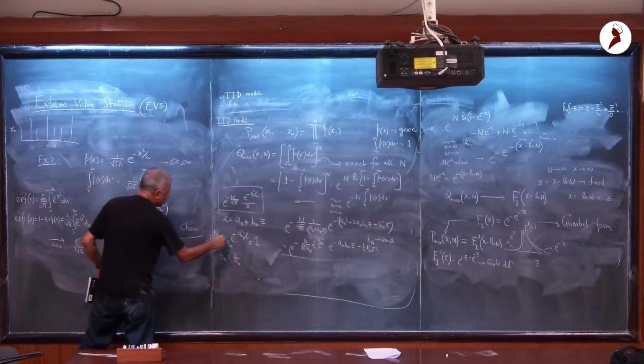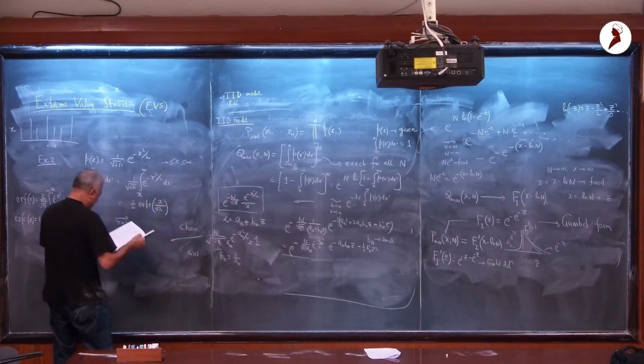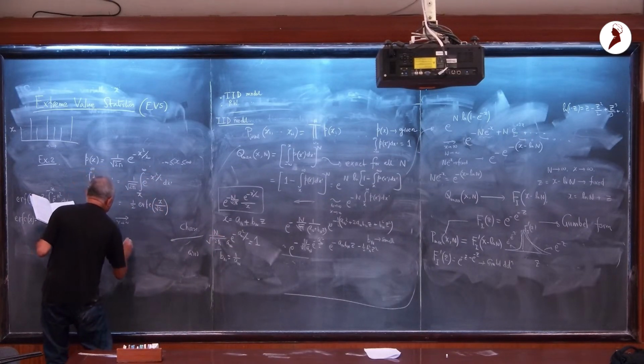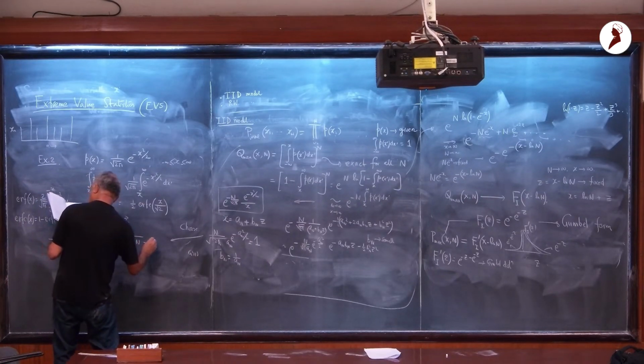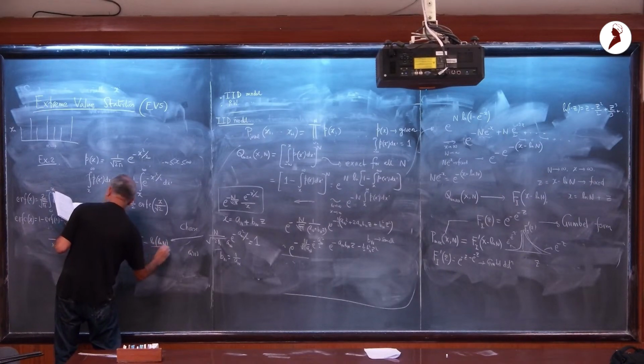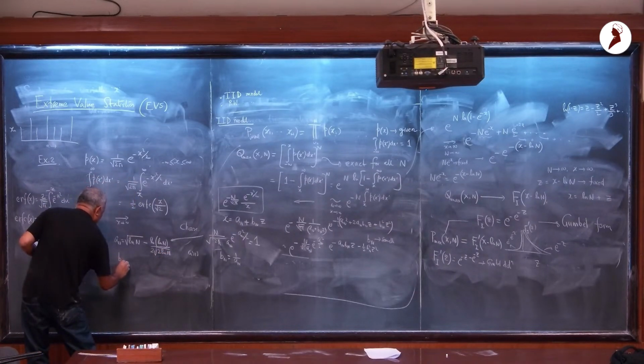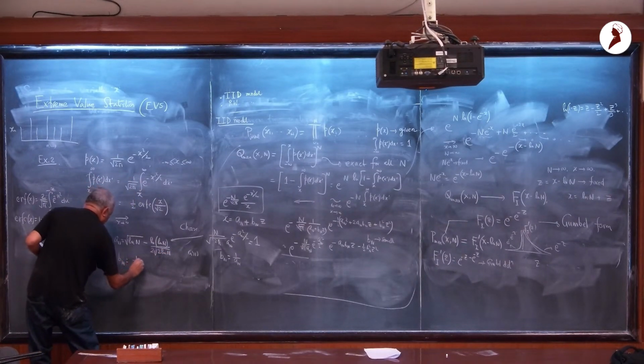this is difficult to solve exactly, but for large n you can do an asymptotic expansion. So an to leading order will be square root of log n, and then there's a correction term, log log n by 2 square root of 2 log n, etc. And bn is 1 over an, therefore to leading order 1 over square root of log n.